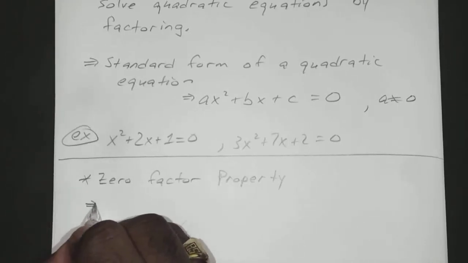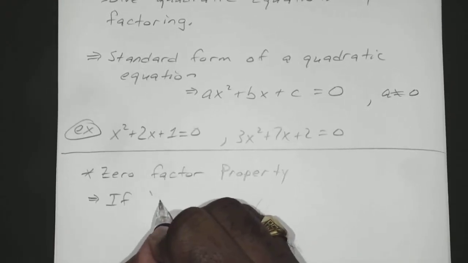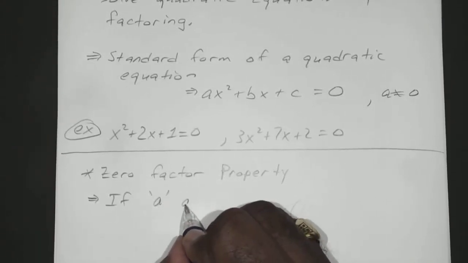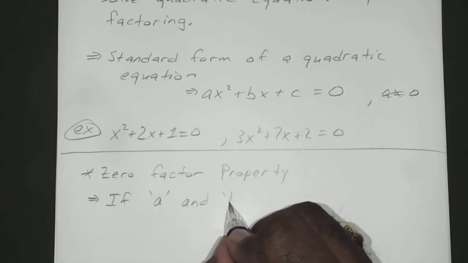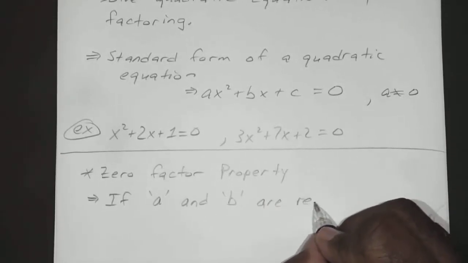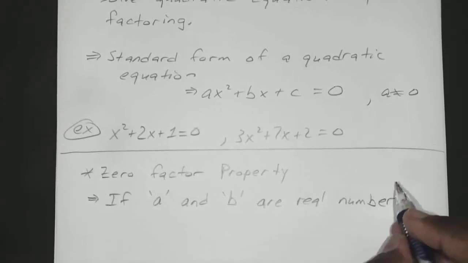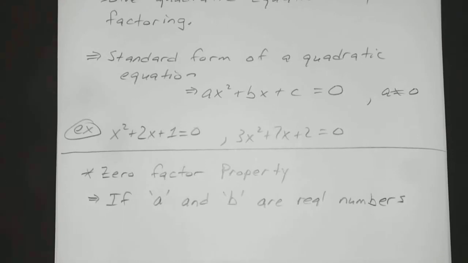What that says is that, let's say we know that some variable a and some variable b represent real numbers. It could be a fraction, a decimal, an integer, a whole number, it could be 0. It doesn't matter. We just know it's a real number. We know it's not complex.